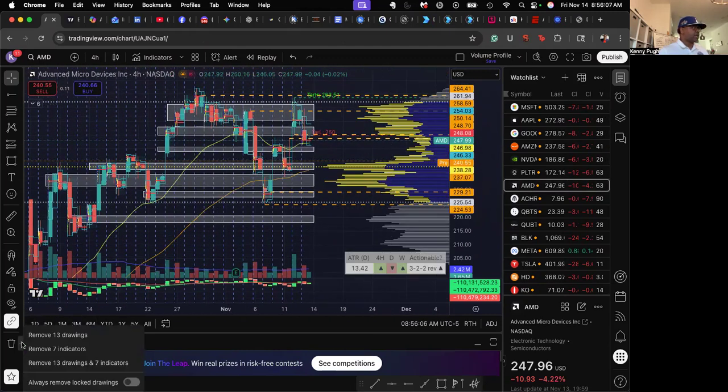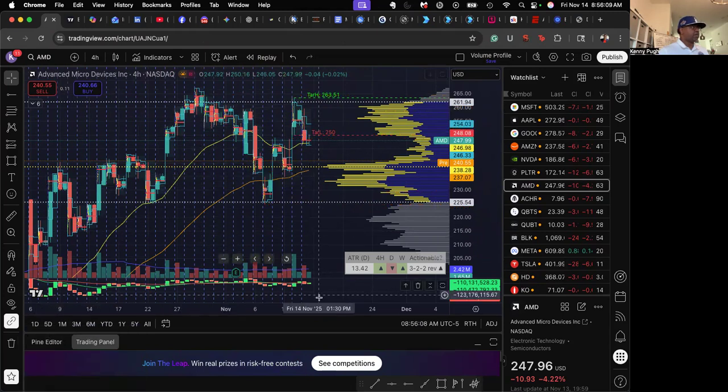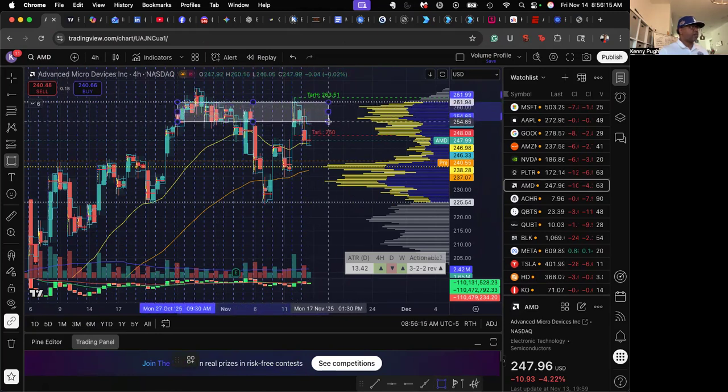So let me go ahead and just erase the drawings there. Once again, 4 hour chart. We'll capture where the significant volume areas or zones are currently, and those are what we would refer to as potential balance areas.